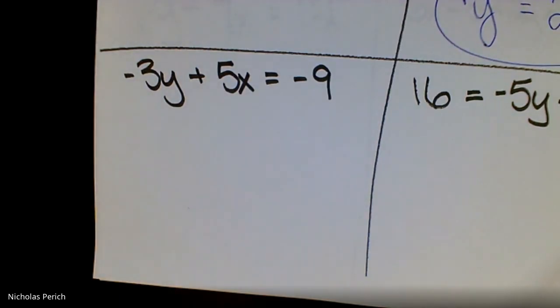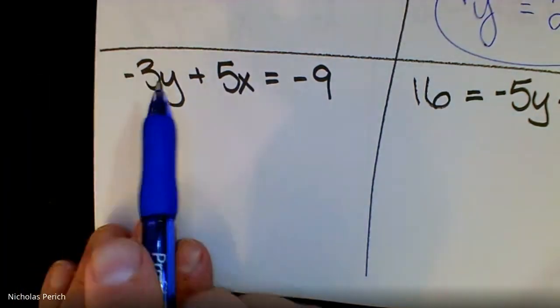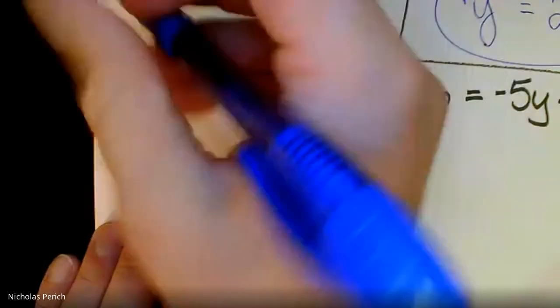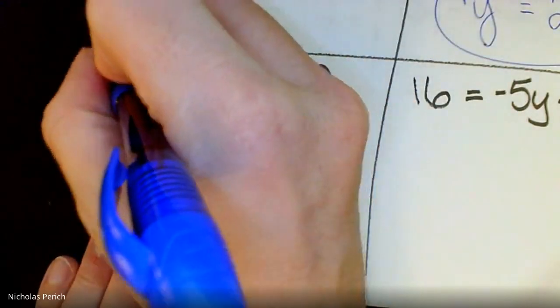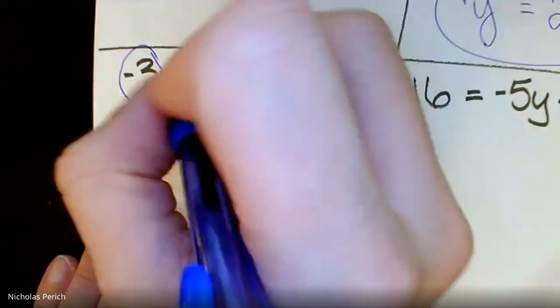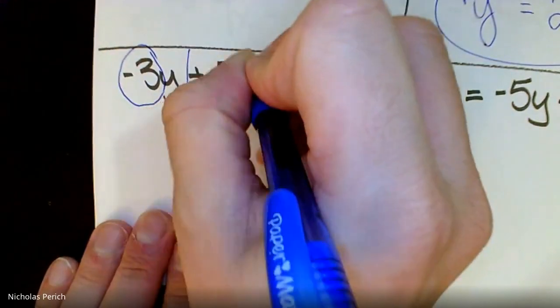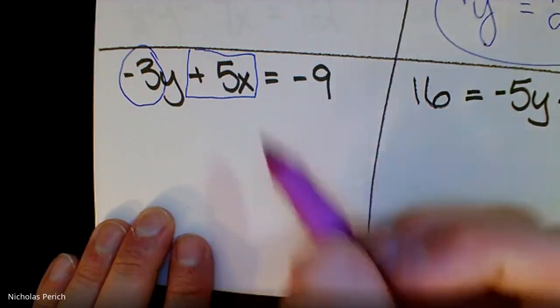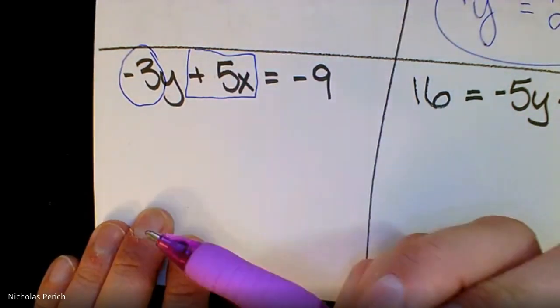More. Is y all by itself? I have a -3 that's attached, and I have a positive 5x that's just floating around. I am going to always get rid of the guy that's floating around first.